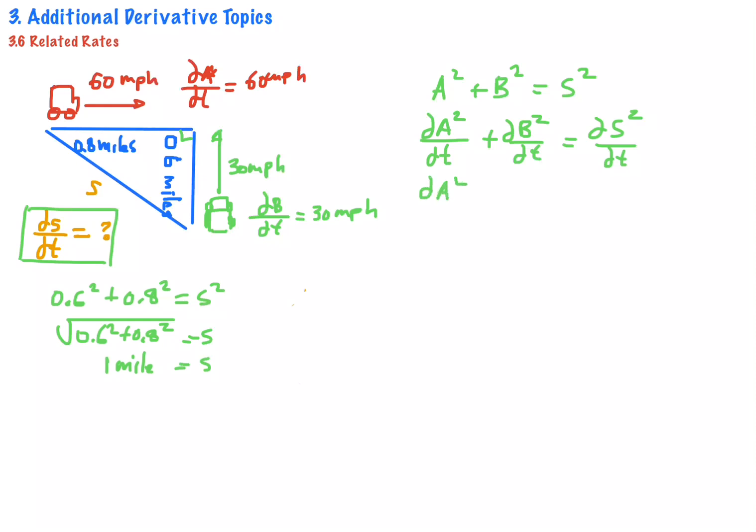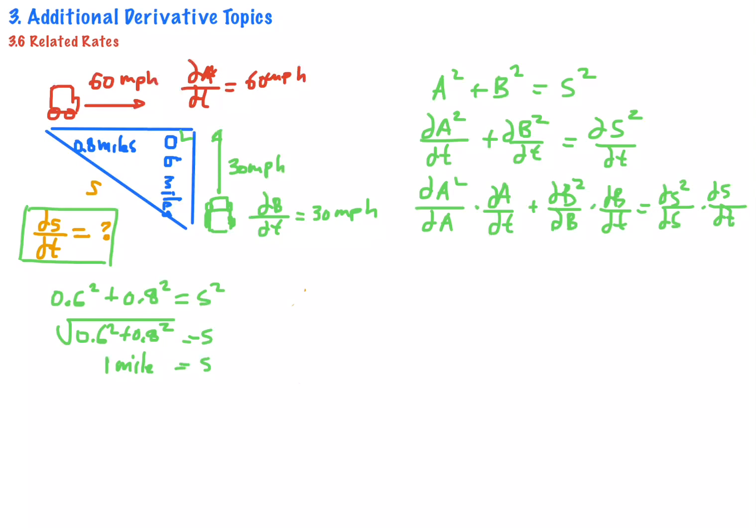Why should you be afraid? dA squared over dA times dA over dt plus dB squared over dB times dB over dt, this is using the chain rule, equals ds squared over ds times ds over dt.